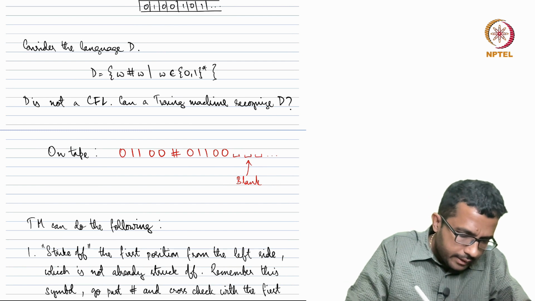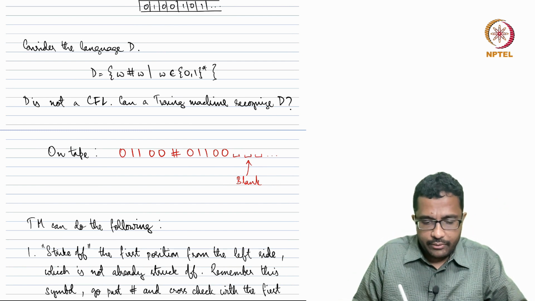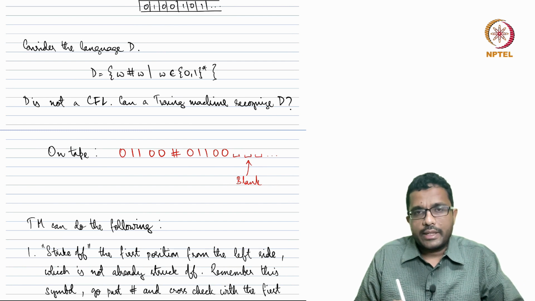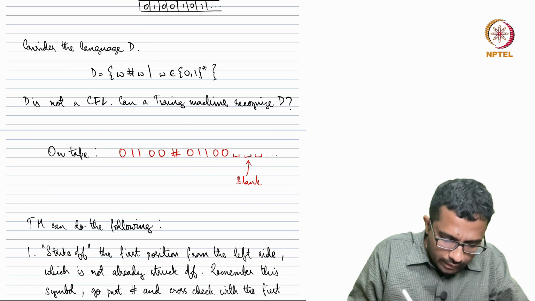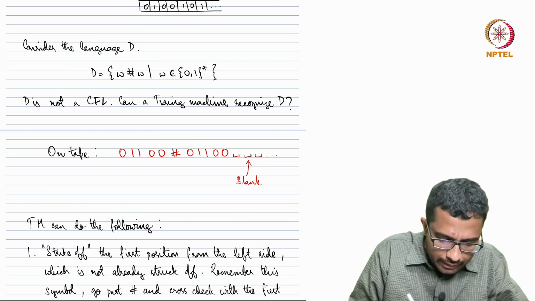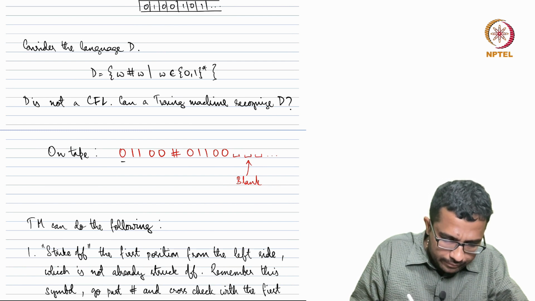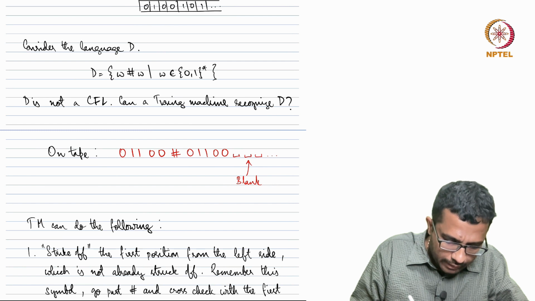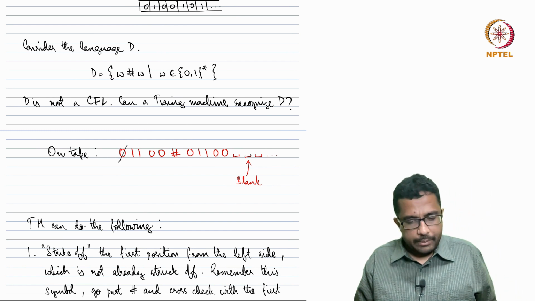Let's see how a Turing machine might try to see whether this is part of the language that it has to recognize. It will start from the left side and see the first symbol, which is a 0. So it can strike off the 0. What do I mean by strike off the 0?